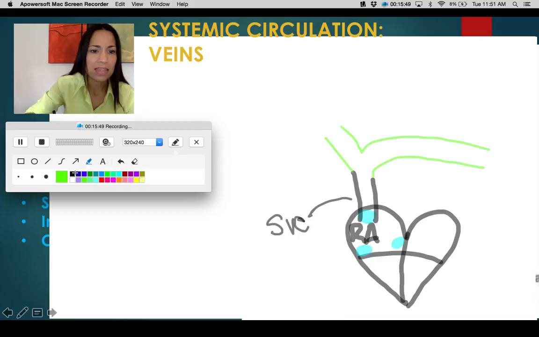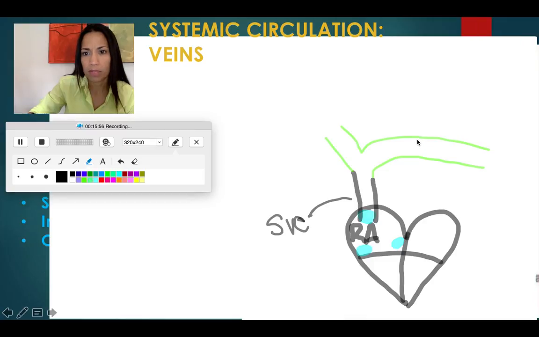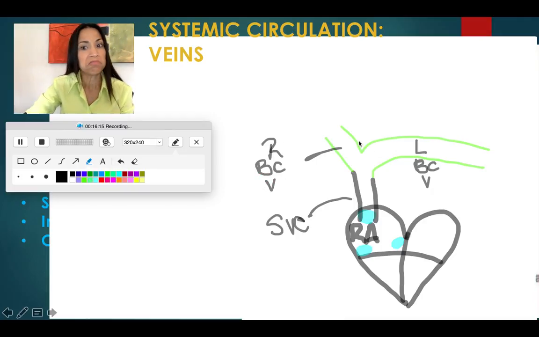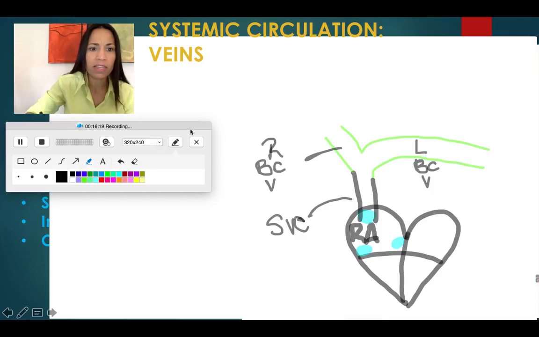And these veins are your left brachiocephalic vein, and this one is the right brachiocephalic vein, not trunk. Trunk is an artery. These are veins. So right and left brachiocephalic veins. How do we form these veins now?